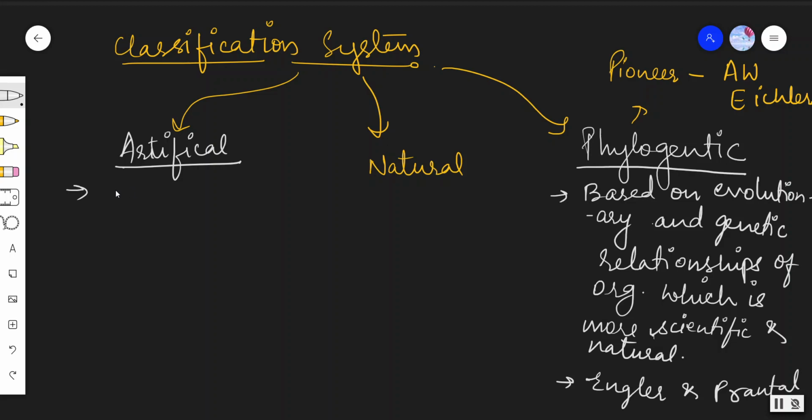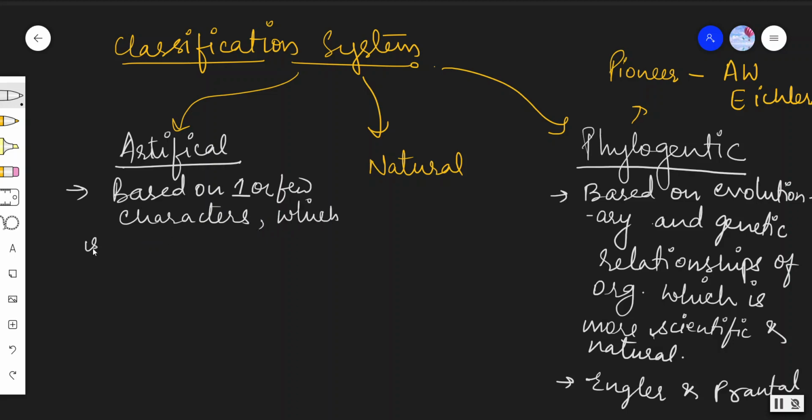Now, the artificial system is based on one or few characters of the organism, which are not related to phylogenetic significance.